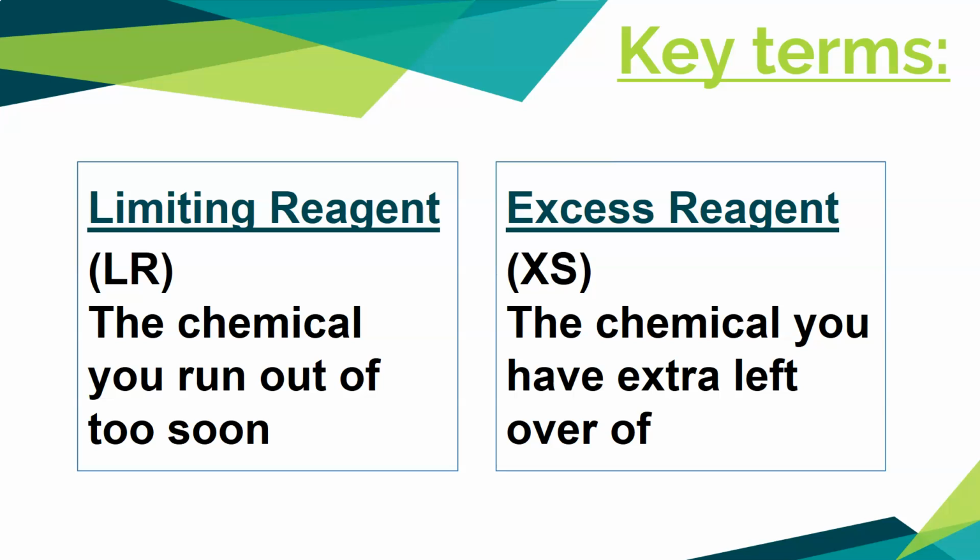That's your excess reagent. You're limited in how many hot dogs you can make by the 8 hot dog package that you have. It doesn't matter if you have extra buns. You run out of the hot dogs first, you're all finished, right? So that's a good example of this in real life, where you got to figure out what you're going to have less of, what will you run out of first.